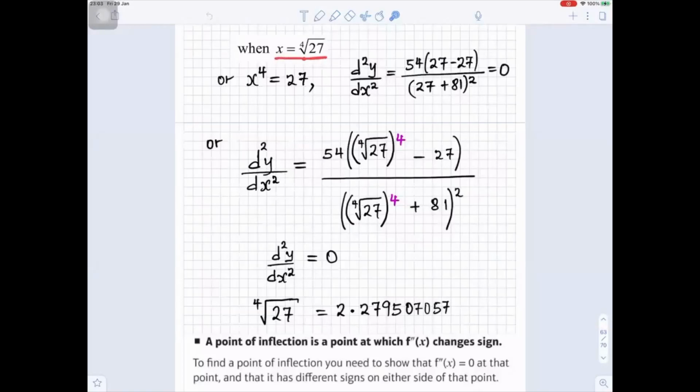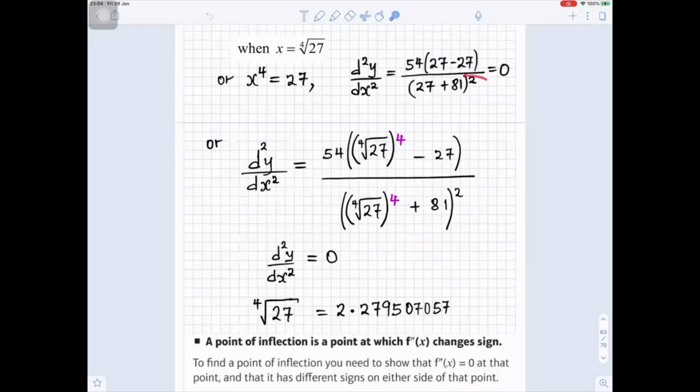When x is equal to the fourth root of 27, if you take this fourth root to the left-hand side, it becomes to the power 4. So you can say x^4 is equal to 27. That just makes life easier when you substitute. In that expression, we had 54 and x^4, so we can just substitute 27 for x^4. 27 minus 27 is 0. 0 times 54 is 0.